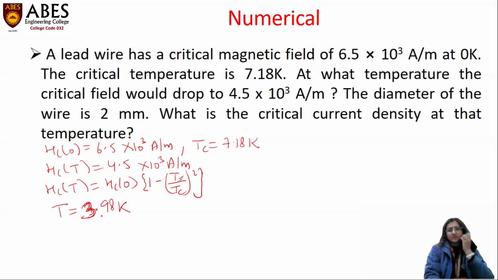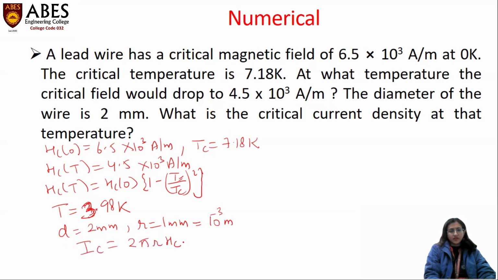Now next part of this question: the diameter of the wire is 2 millimeter, which means radius will be 1 millimeter, and in standard notation it will be 10 to the power minus 3 meter. What is the critical current density at that temperature? We all are aware critical current is 2 pi r HC, where this HC is HC(T).